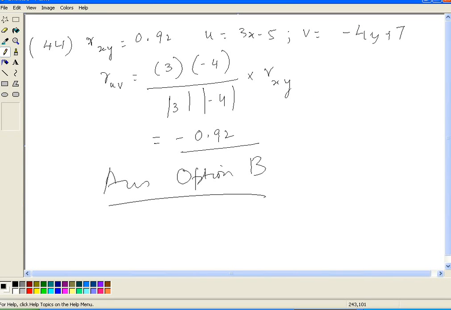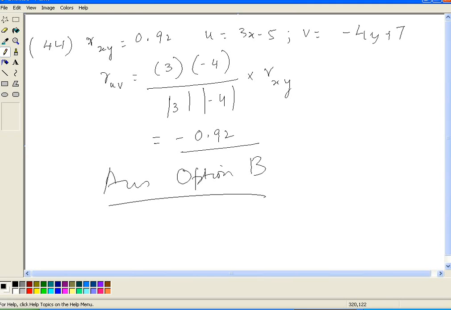Now rxy, that is the coefficient of correlation between x and y, is given to be 0.92, and u and v are given by the following equations. We need to find the correlation coefficient of u and v, which is given by the formula.